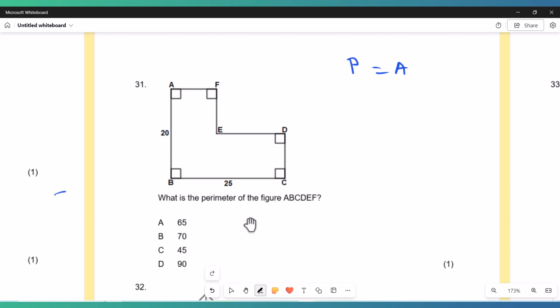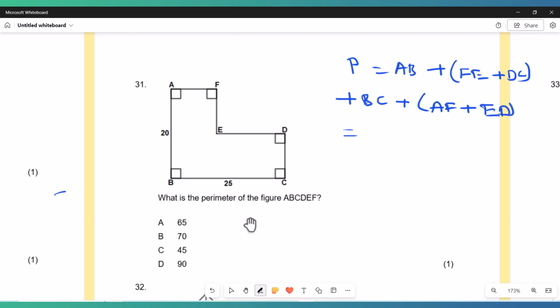That AB is the same as from F to E and from D to C. Also then plus, from B to C, that's BC, is also the same as from A to F and from E to D. If you agree with me.